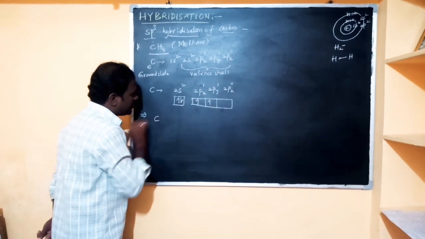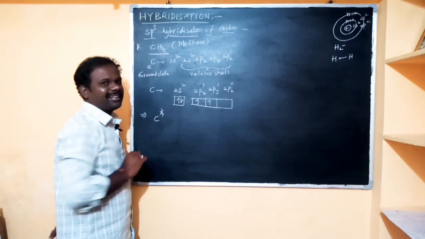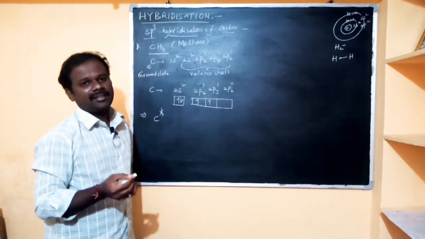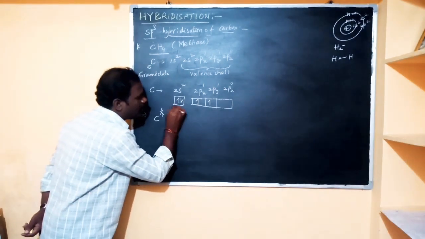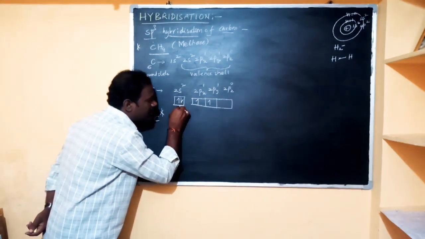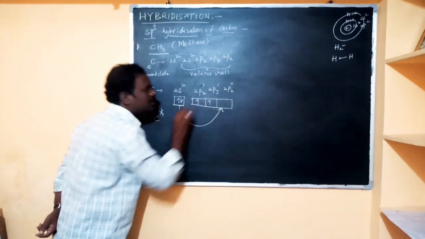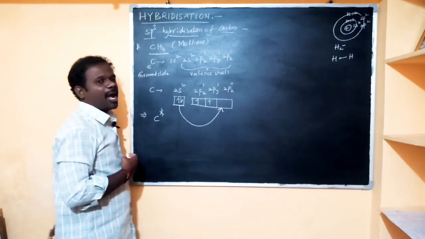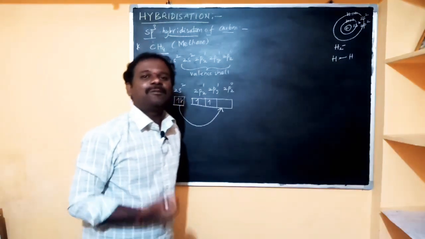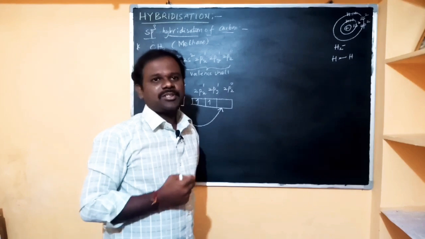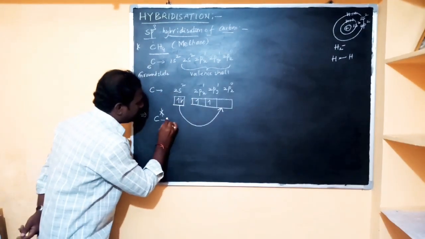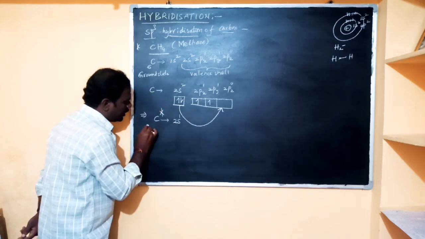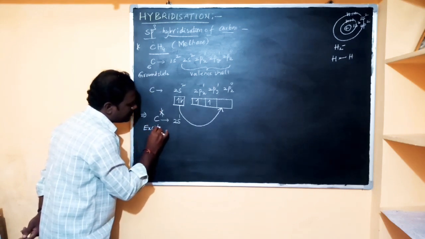So here we say carbon in its excited state. Carbon in the excited state, the lower energy electron may jump into the higher energy 2pz orbital by the absorption of energy in the form of heat energy or light energy.